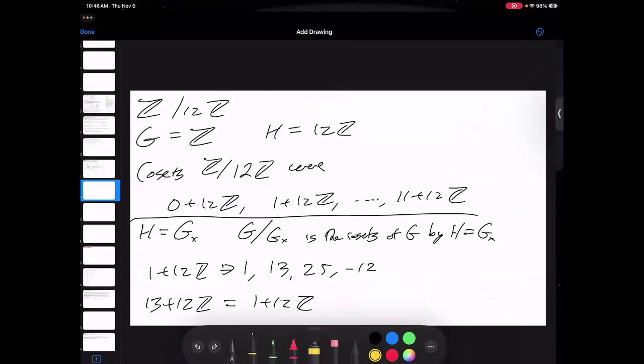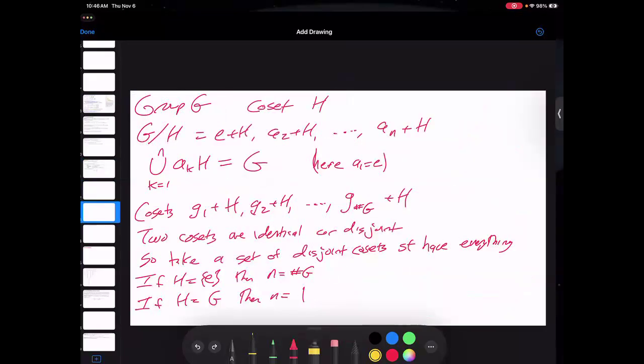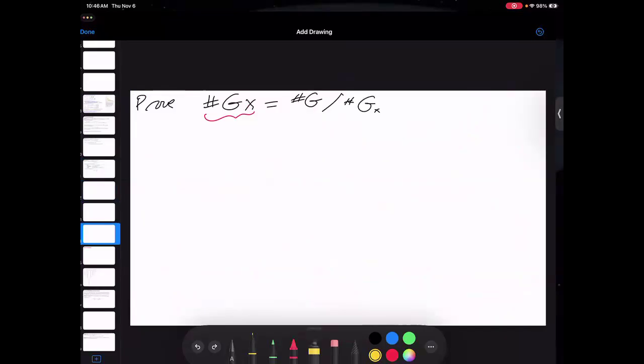So the next part is we want to prove that the cardinality of Gx is the same as the cardinality of G divided by the cardinality of G sub X. What is Gx? The orbit. So this is the orbit.